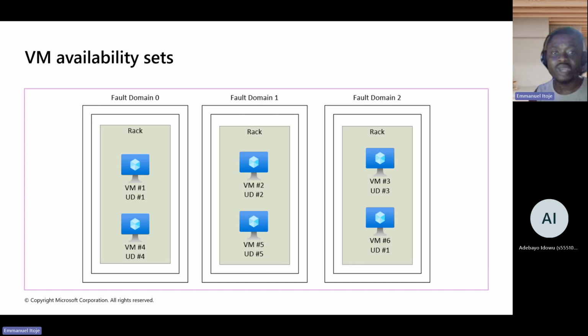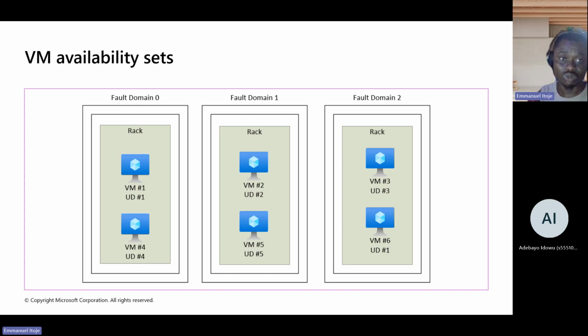Then for VM resources, we need to mention this as well. When you provision a VM, you also have a chance to pick resources that are associated with that VM. Resources include the size. Size speaks to the purpose of the VM, the number of processor cores, and the amount of RAM.